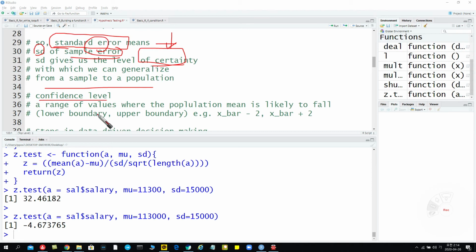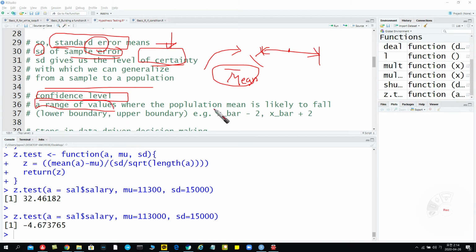Confidence level. Because if we get a mean result from the sample, it's not accurate by itself. So that's why we need a range. We call it the confidence level. The confidence level is a range of values where the population mean is likely to fall.